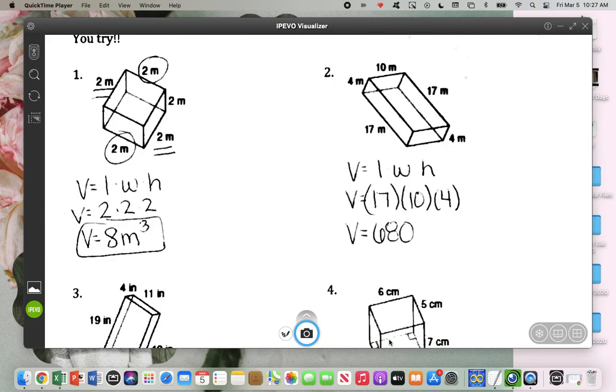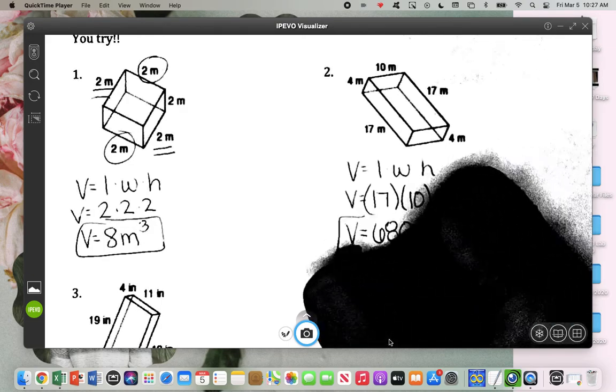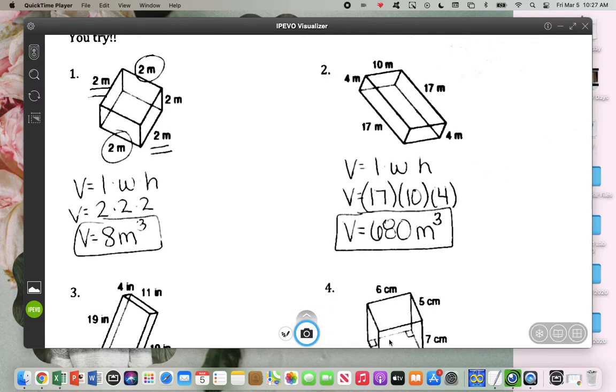And don't forget your label. What is it? Not squared. Cubed. Squared would be an exponent of 2. Cubed is an exponent of 3.